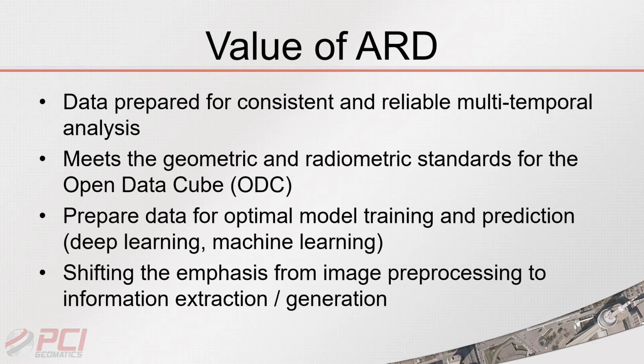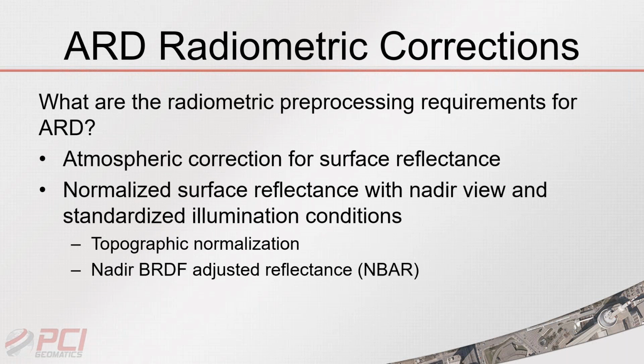We talked about radiometric corrections, atmospheric correction to get things to surface reflectance. And the other key thing here with radiometric corrections relates to solar illumination. Things like topographic normalization and BRDF allow us to bring the data to a common point where we can also compare the data over time, taking into account the topographic differences and the solar illumination differences.